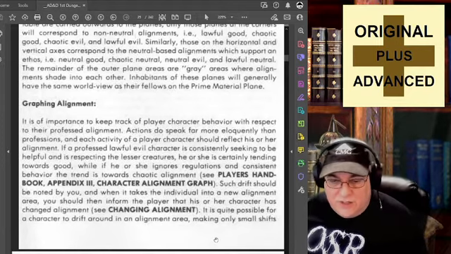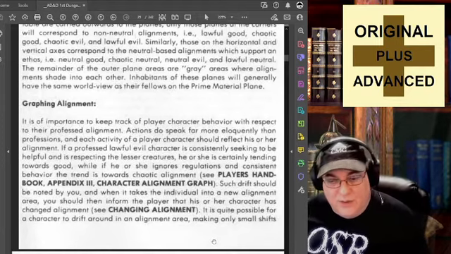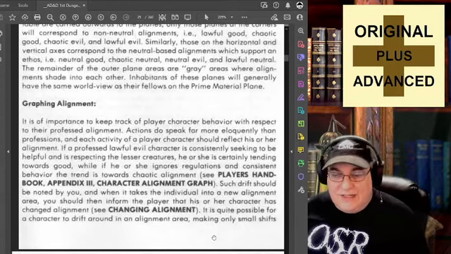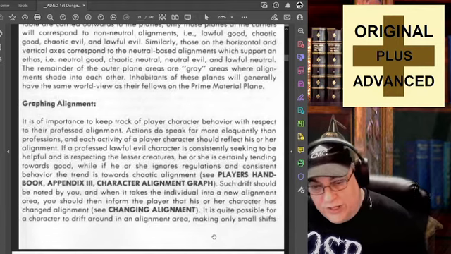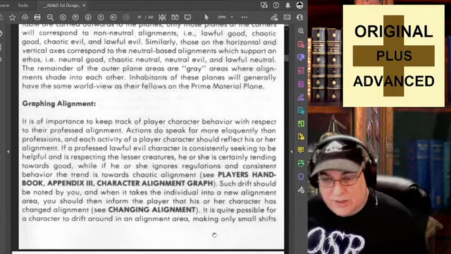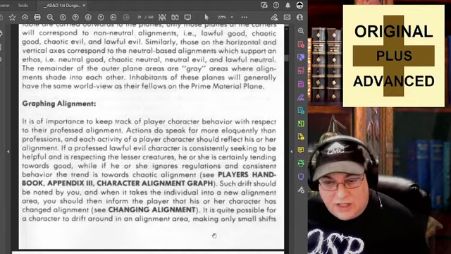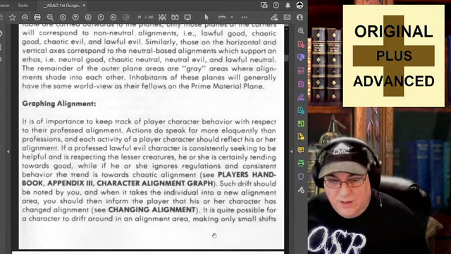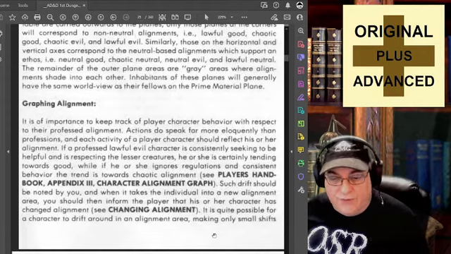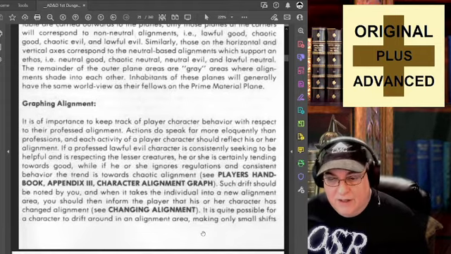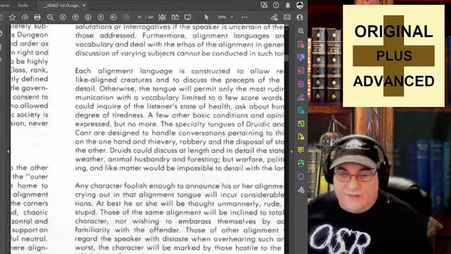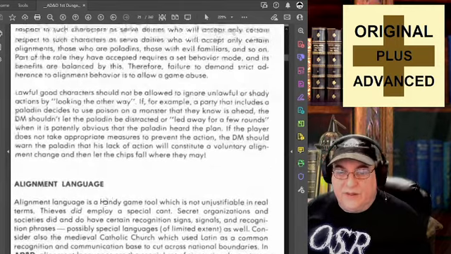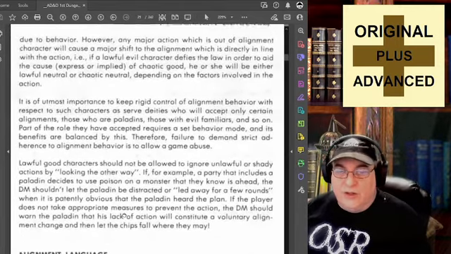Such drift should be noted by you, and when it takes the individual into a new alignment area, you should then inform the player that his or her character has changed alignment. It is quite possible for a character to drift around in an alignment area, making only small shifts due to behavior.